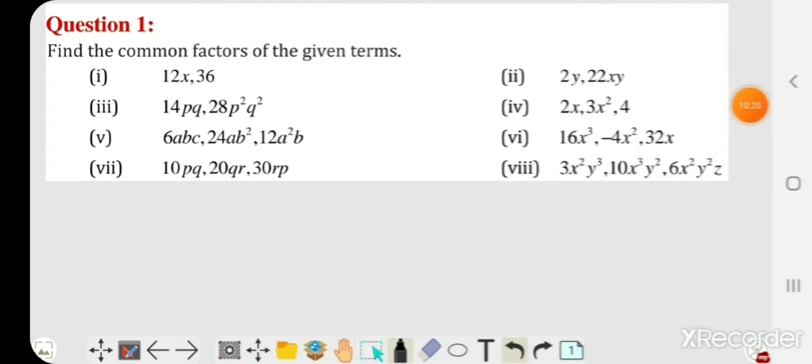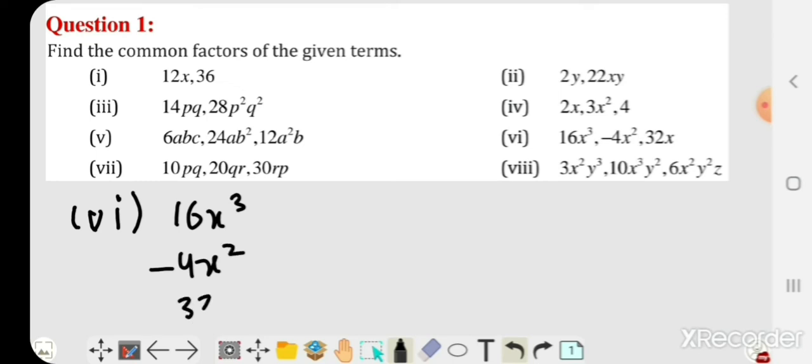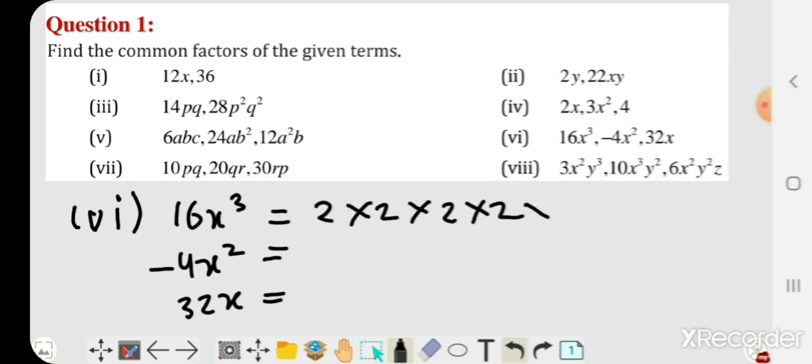Now next, I am doing part 6, where 6x cube minus 4x square and 32x are given. Factors of 16 are 2 2s are 4, 4 2s are 8, 8 2s are 16, then x into x into x. These are factors of 16x cube. Now minus 4x square, whenever you see minus, one factor is minus 1, okay.